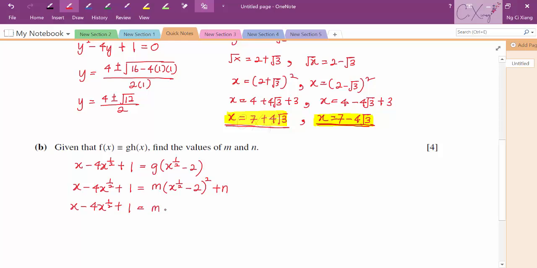For the right-hand side, I take m and expand the square: x minus 4x power half plus 4, plus n outside. Then I multiply the m into the bracket.